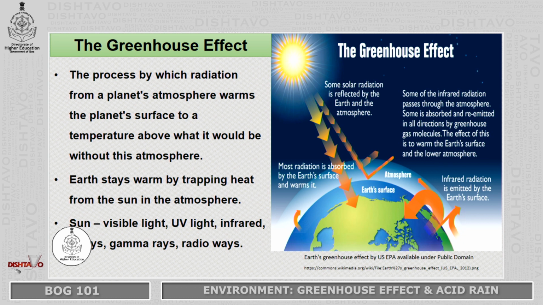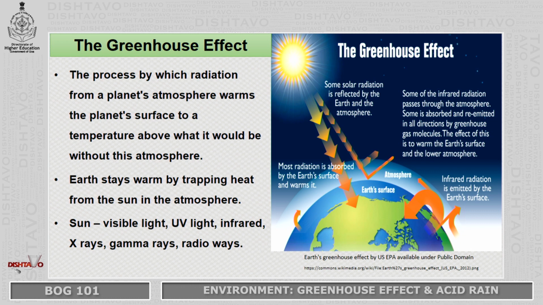So it is the process by which the radiations from the planet's atmosphere warm the planet surface to a temperature above what it would be without this atmosphere. If we did not have this blanket of atmosphere around the earth, we would not be able to capture the heat which is required to sustain life, for the survival of life on this earth.